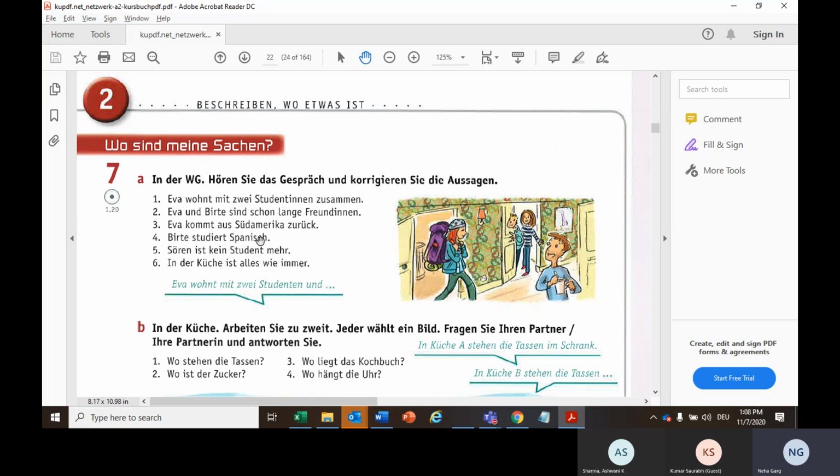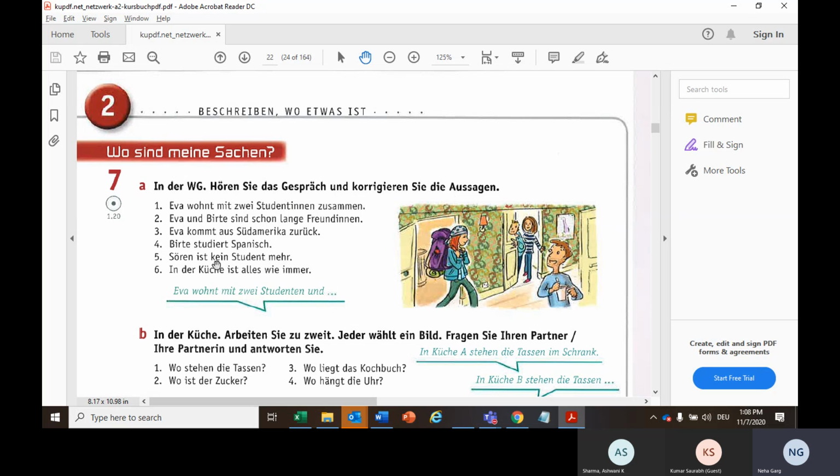Dann, Eva kommt aus Südamerika zurück. Zurückkommen, that means to come back or to return. So Eva is coming back from South America. This statement means this. Nummer 4. Beta studiert Spanisch. This female in the striped pullover, her name is Beta. So she is studying Spanish.